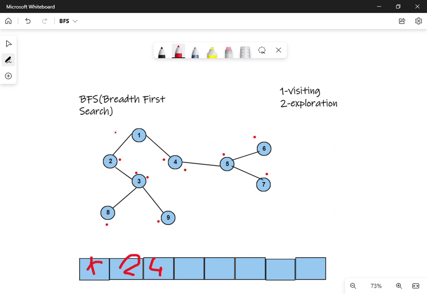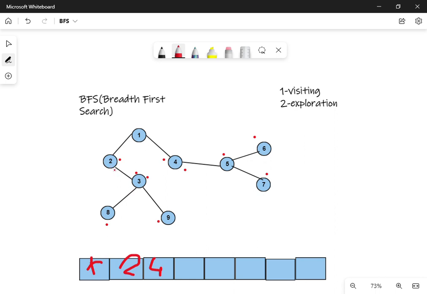Now what is our next vertex? Which is 2. 2 is our next vertex. So choose it as your selected vertex. 2 is our selected vertex now because 1 is completely explored before.